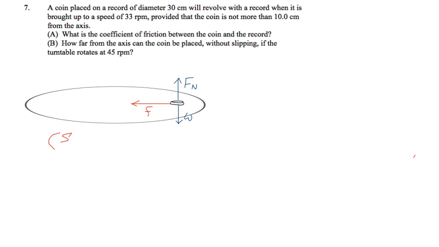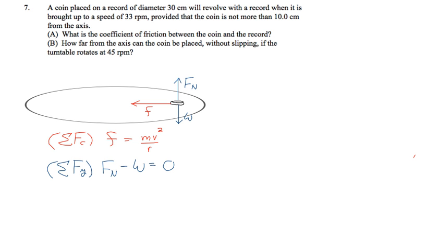If I sum up my centripetal forces, I'm going to get friction equals either mv squared over r or mr omega squared. Now in this problem, the unknown is not the radius, it's the coefficient of friction. We know what the radius is going to be, so I'm going to use mv squared over r. And if I sum up my forces in the y direction, it's going to be Fn minus W equals 0.